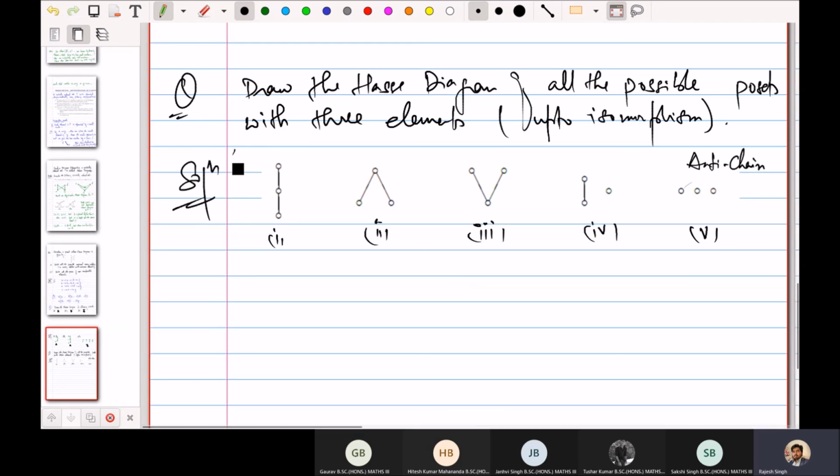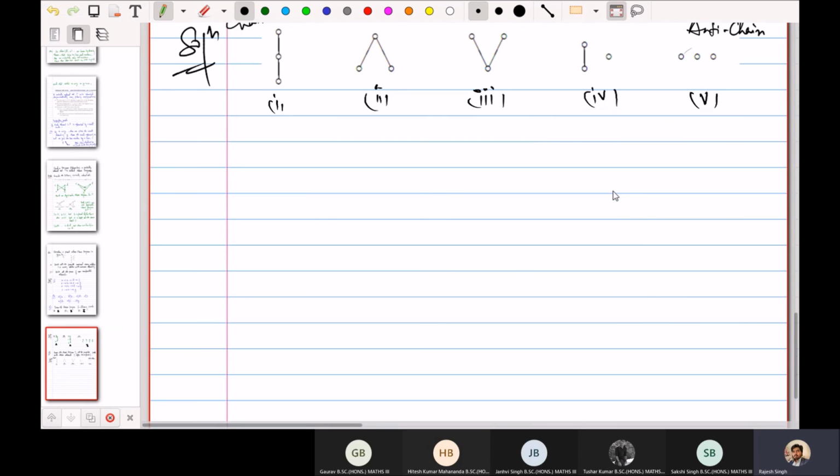Chain हमेशा ऐसे ही दिखेगा, ठीक है ना. This is chain. यहाँ पे क्या है? So two elements are not related and it is related to third one. So ABC इधर हो गया A is related to B but not related to C. इस तरह से, ठीक है. You can check. यही 5 possibilities बनेंगी, ठीक है.